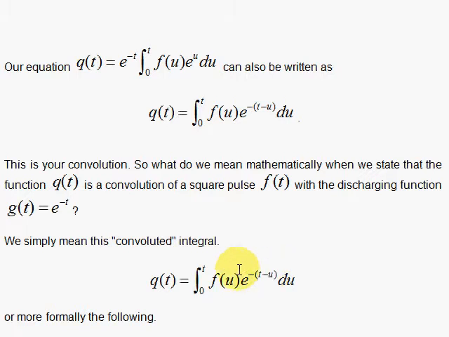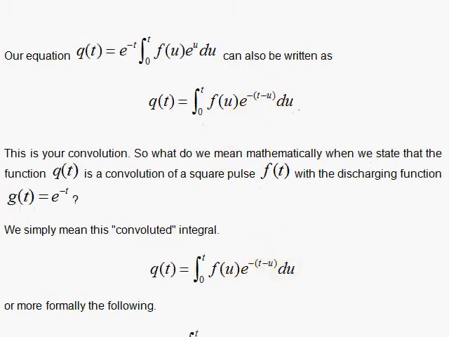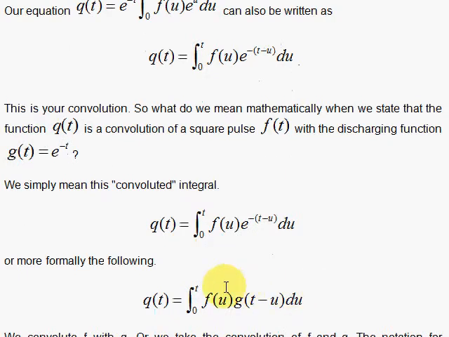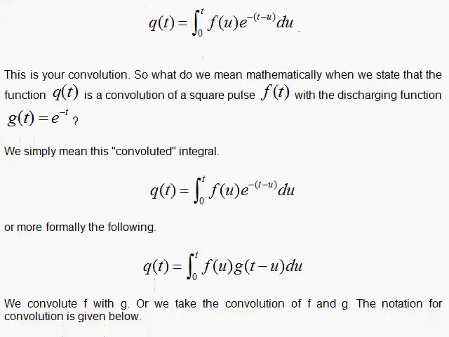So instead of having the t by itself, you have the t minus u, and in general we're saying this: take the f function and put a u argument in there, variable, and then for the g put in t minus u. So this becomes e to the minus that quantity t minus u. And that is the formal definition of the convolution.